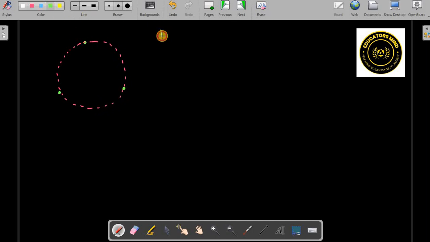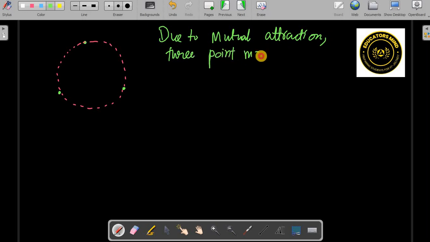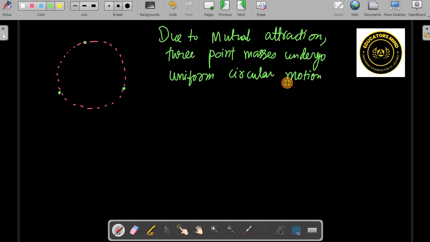Three point masses undergo uniform circular motion. Find their speed. What will be the speed of each mass?